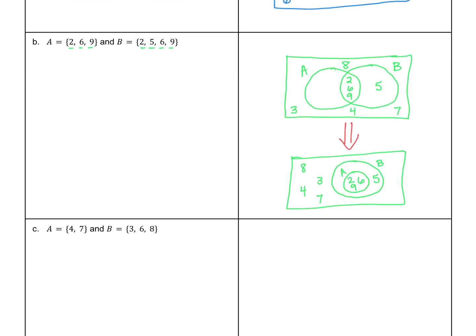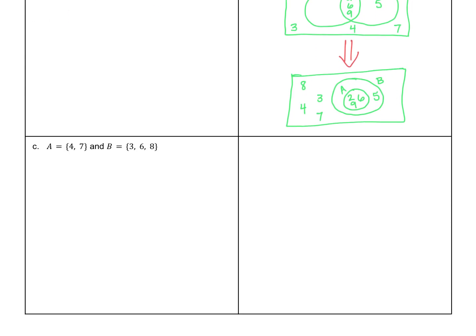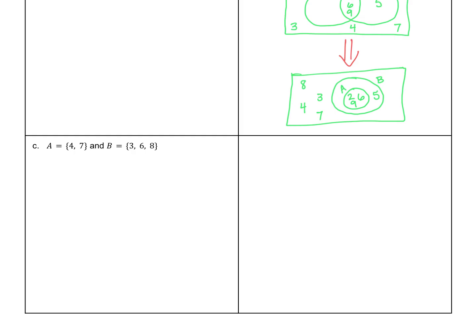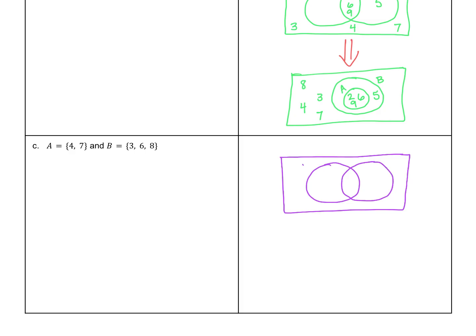All right, so now let's look at number C. I'm going to go ahead and draw my rectangle and my 2 circles. So we have set A and set B here. A has 4 and 7, and B has 3, 6, and 8.